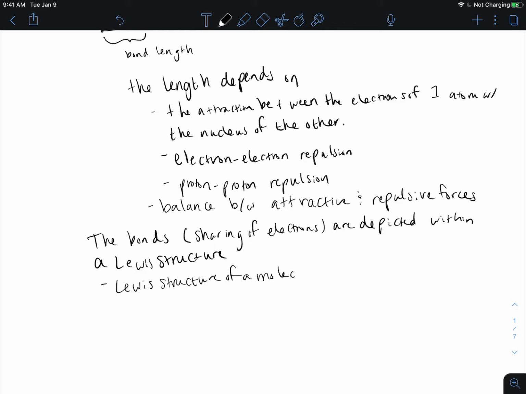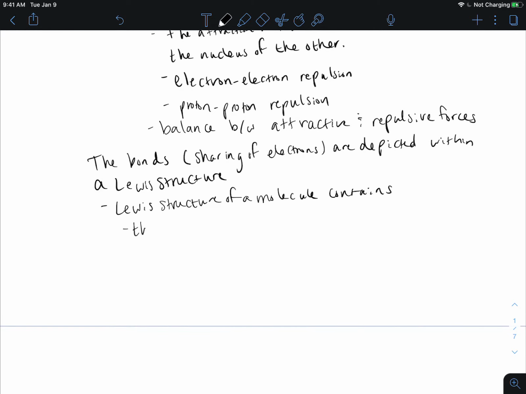So a Lewis structure of a molecule contains the molecule's atoms.